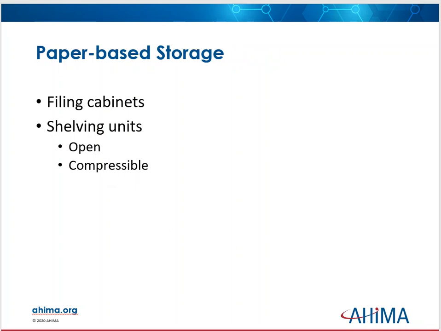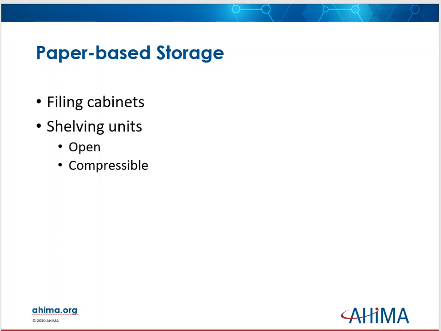Paper-based still can utilize filing cabinets or shelving units. Those shelving units can be open or compressible. So what I mean by open is it's basically just an open shelf shelving unit, like those wire shelves, and then you just got records up there.